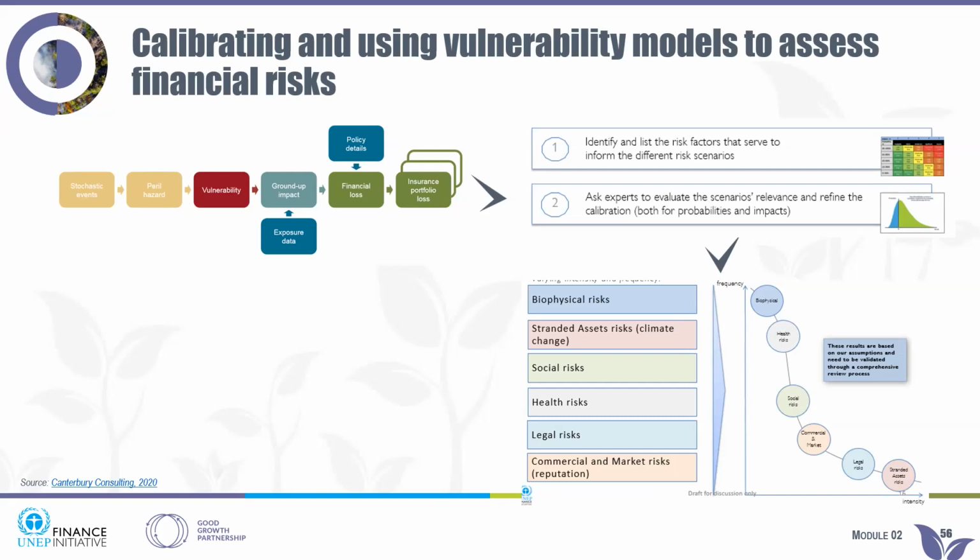So a simulation model is a sequence of different sub-models or sub-components that are linked to each other. It starts with a central piece or a central research element, which is the description of the risk transmission mechanism. At the center of that mechanism lies the vulnerability model for either the sector or the client.